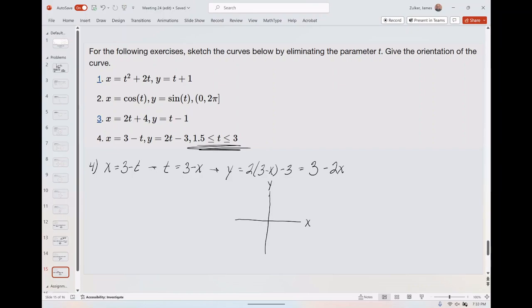When x is 0, y is 3, and when x is 1.5, y is 0. So this curve is actually a line segment. It's not a whole line. See that?